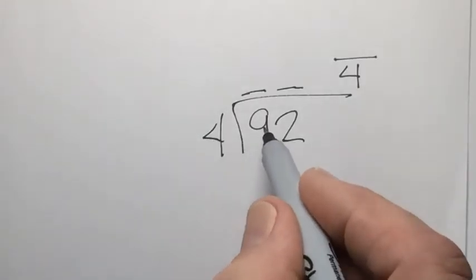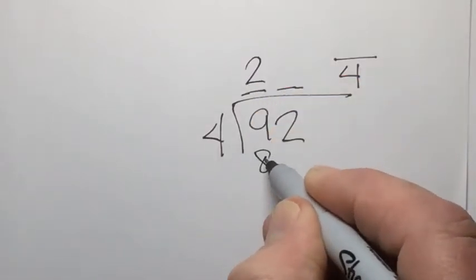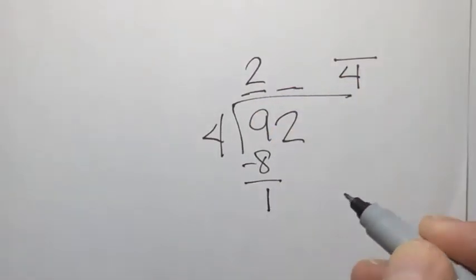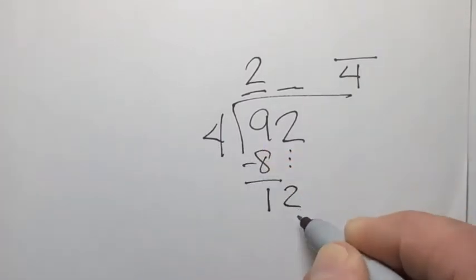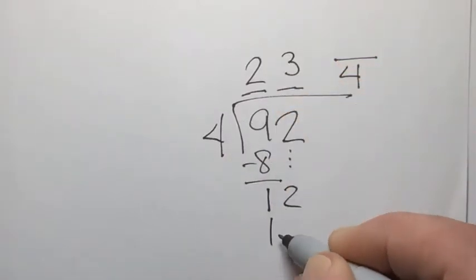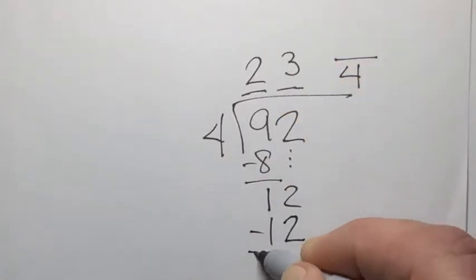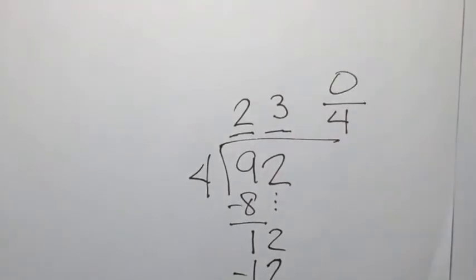And 4 into 9 would be 2. 2 times 4 is 8. And then drop the 2 for 12. 4 into 12, that would be 3 times, because 3 times 4 is 12 exactly. And nothing. No remainder. So this remainder here would be 0/4.